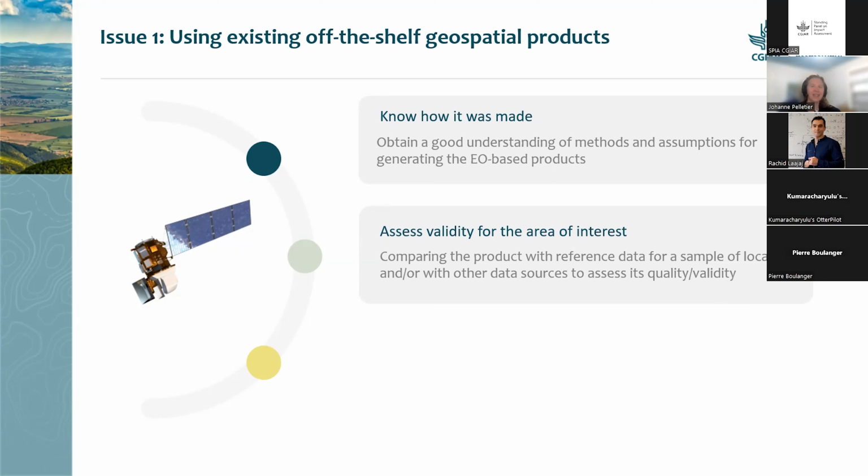And like any other dataset, existing Earth observation products may have some intrinsic technical issues. There might be some technical issue that will make it not adequate for your own purpose.